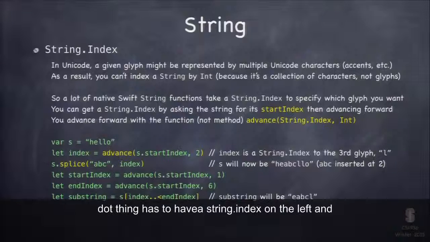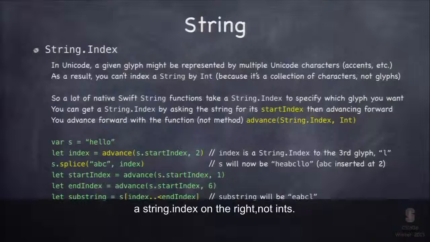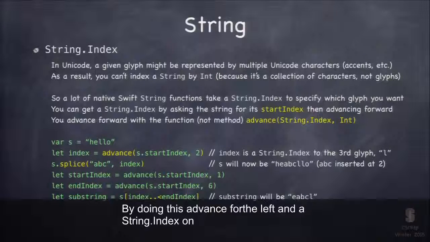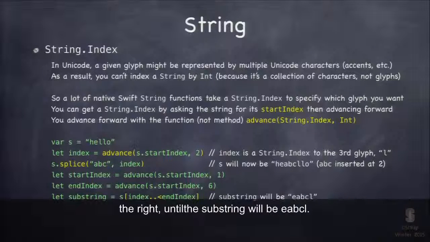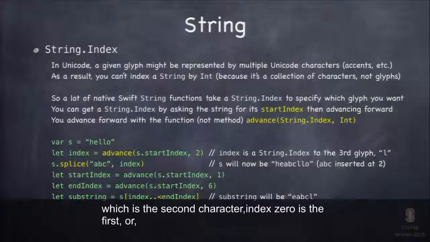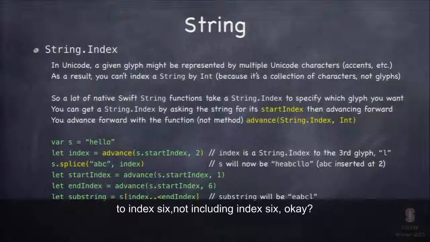And the range, the dot dot dot thing, has to have a String.Index on the left and a String.Index on the right, not ints. Here I got a String.Index by doing this advance for the left and a String.Index on the right. And so the substring will be EABCL, because I went from index 1, which is the second character, index 0 is the first, to index 6, not including index 6.